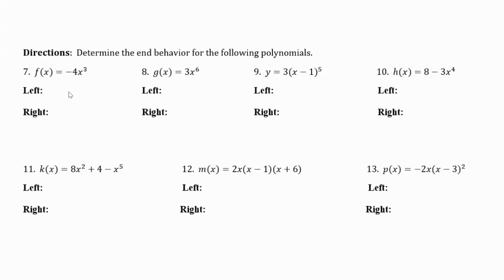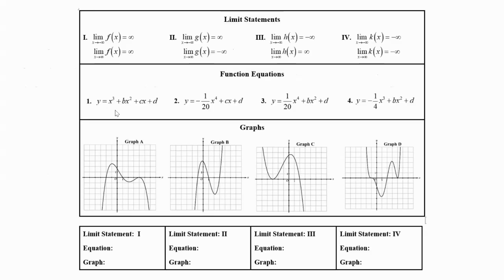You can do this the same way as the examples we just completed. Just simply tell where the left side of the graph is headed and where the right side is headed. And then finally, you're going to have a matching exercise. For this first limit statement, you are supposed to pick the appropriate function that would match it and the graph that would match it. You'll write these down here at the bottom, and then you'll go to limit statement number 2.